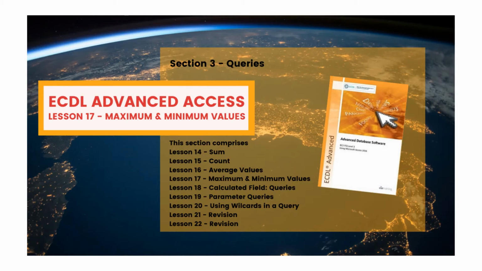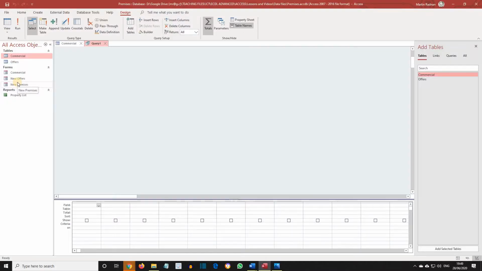Okay, so let's go back to the query we were using at the end of last lesson, which was lesson 16, and place the fields location and price on the query grid. Add the price field again as a third column.